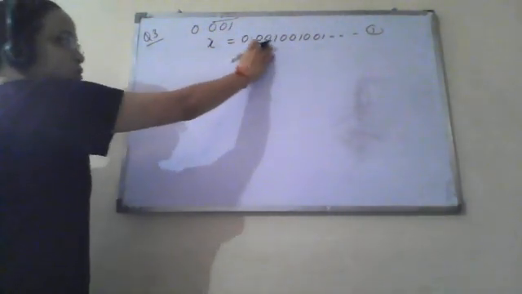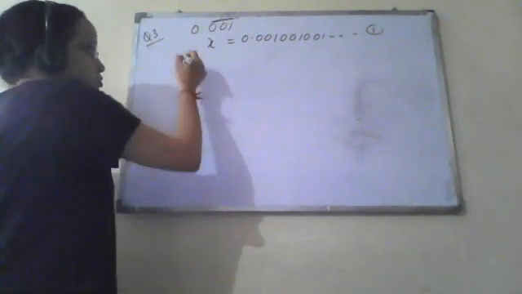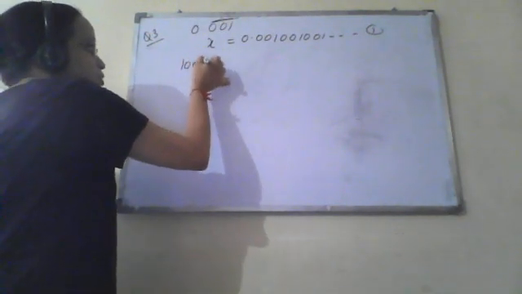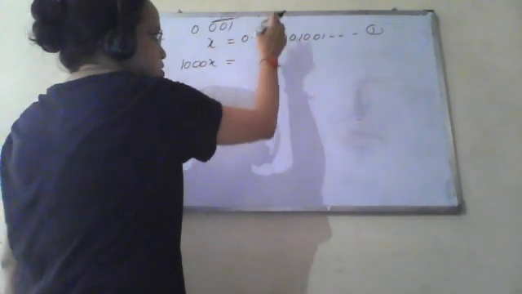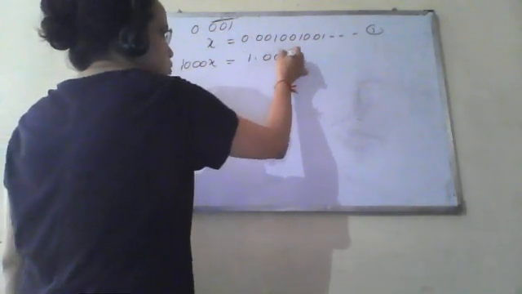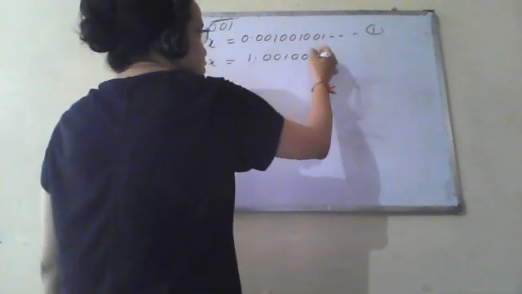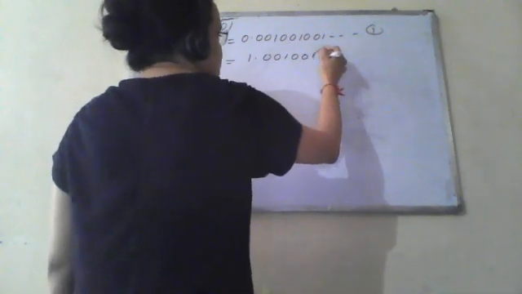This whole 3-digit block is repeating, so there is a bar on 3 digits, and we'll multiply it by 1000. So it will become 1000x, and we shift the decimal, so it will be 1.001001 and so on. This is our equation number 2.